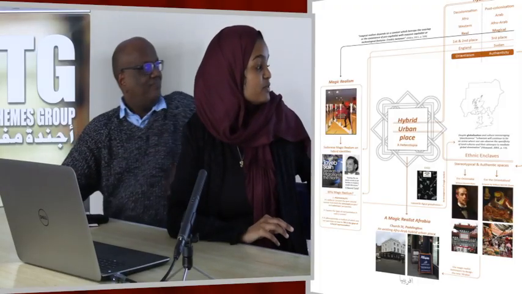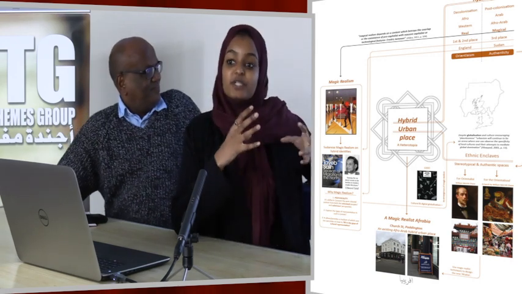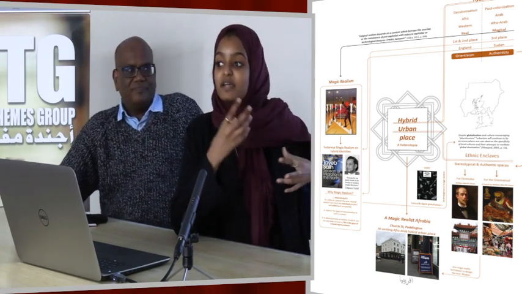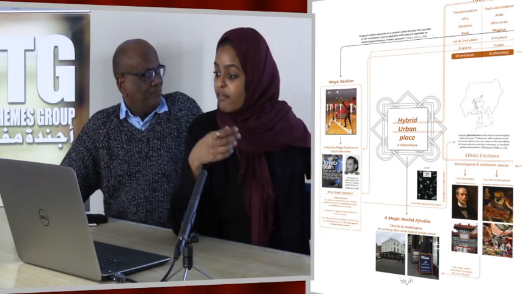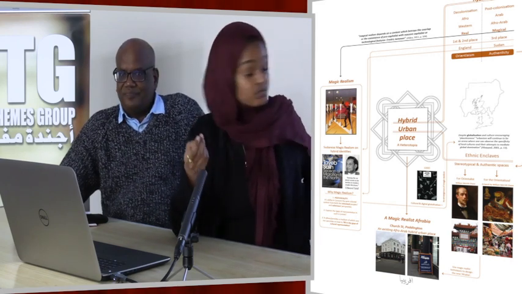One of the things I struggled with at the beginning was what forms of expression I would use. So I started mapping out my different ideas. The core of the project was having this hybrid urban place that is both Afro-Arab and British.